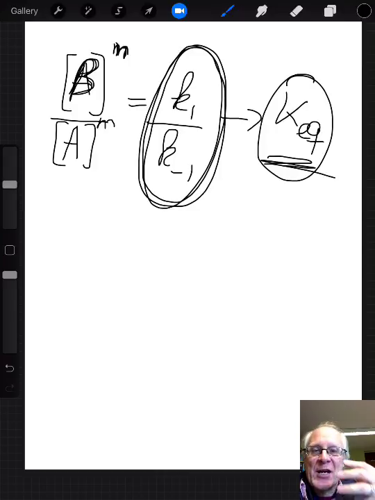The molecularity of a reaction tells us how many moles of something actually participate in this reaction. So the rate order, the N's and M's, don't tell us anything about how many molecules or atoms are reacting. So it's very good that you asked this question.